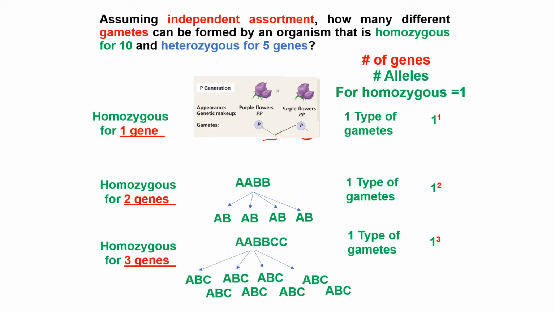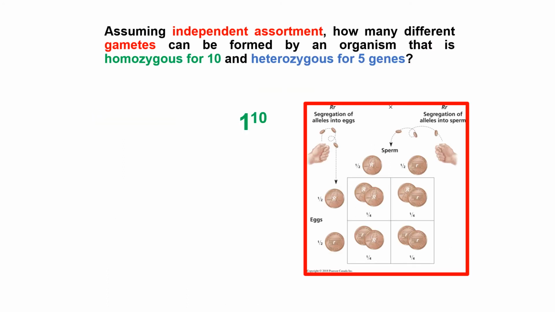And when you have 3 genes, 1, 2, 3 genes, all of the gametes will look the same. Again, you have 3 genes, but you only have 1 allele. So 1 raised to the power of 10 will still be 1.